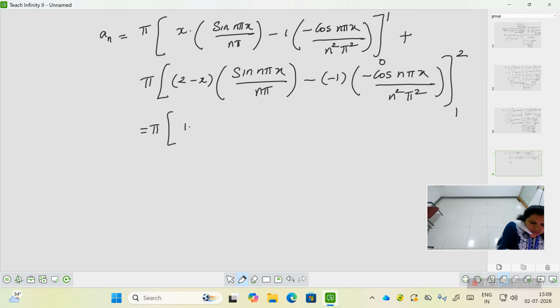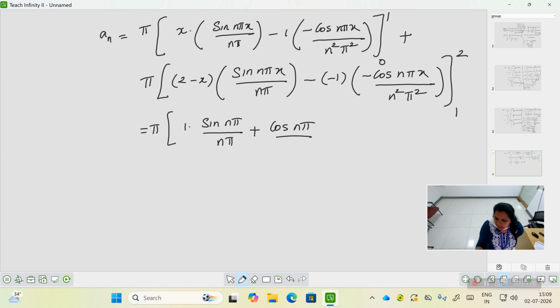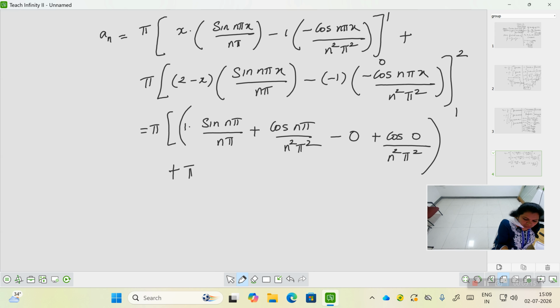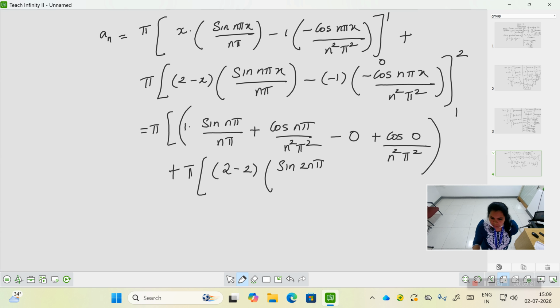So 1 into sin n pi by n pi. Here you get plus cos n pi by n square pi square. Similarly, the next term will be 0. And here also you get cos 0 by n square pi square. This is our first term, plus pi into, substitute the upper limit, sin 2n pi by n pi.